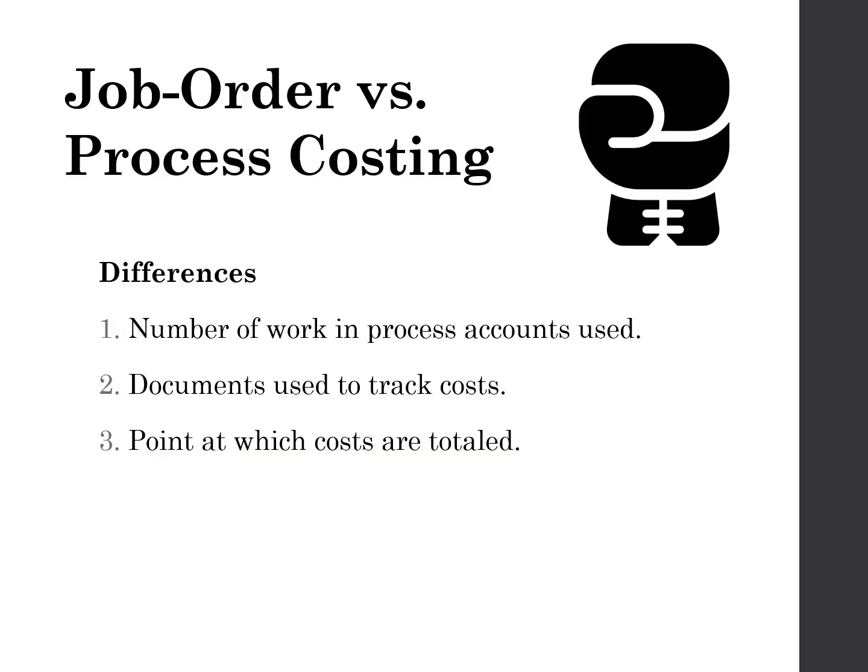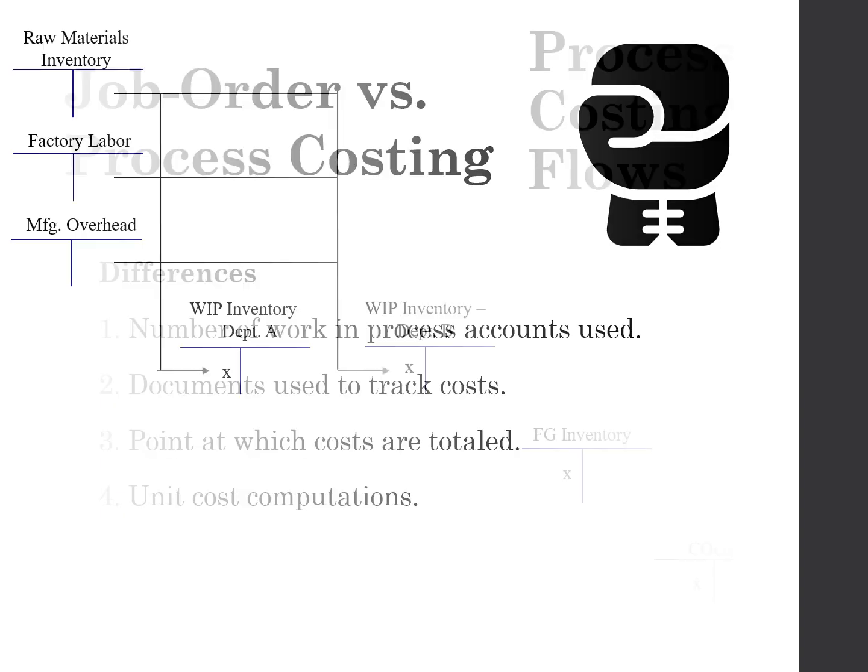Costs are totaled at the end of a time period in process costing, whereas job order costing totals cost when the job is completed. Lastly, process costing calculates unit cost as total manufacturing cost for the period divided by equivalent units. Job order costing calculates unit cost as the total cost per job divided by the units produced.